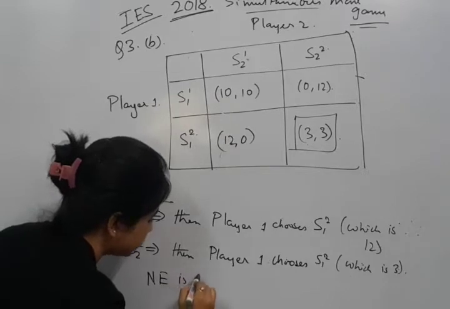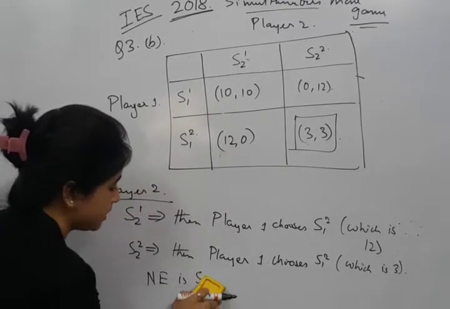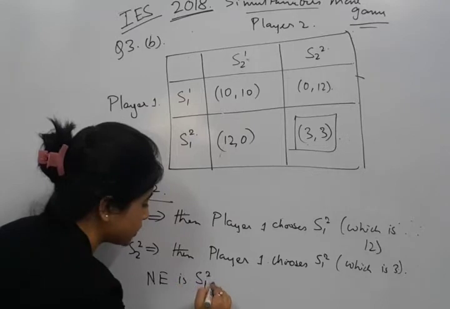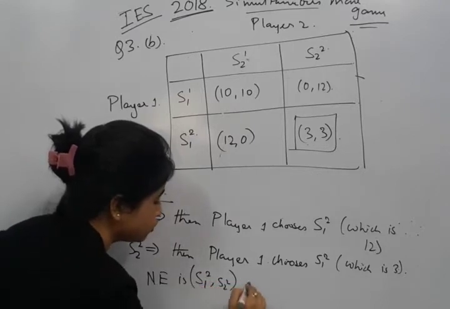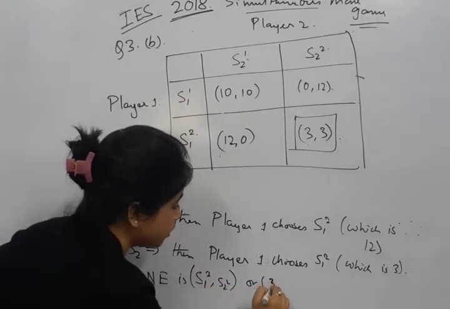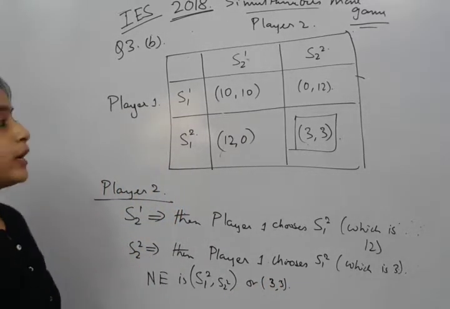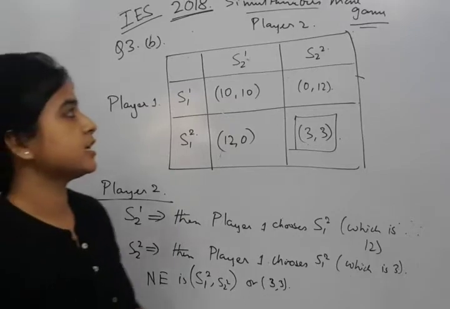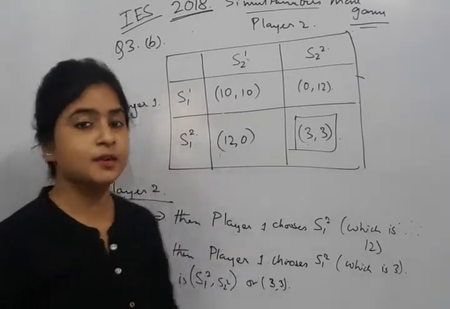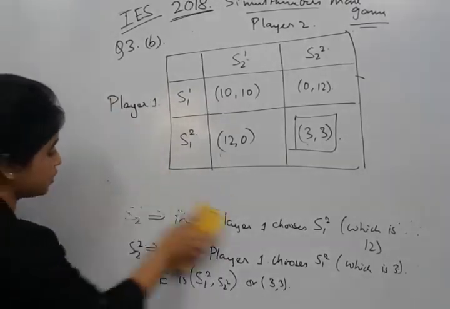Nash equilibrium is S12, S22, or we can write 3 comma 3. We can do it in this way, and there is another very easy shortcut way that I'm going to discuss with you.